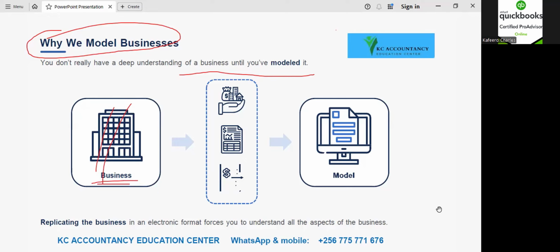and we start by understanding all the different aspects of the business, like how it generates its revenue. How does the business generate its revenue?